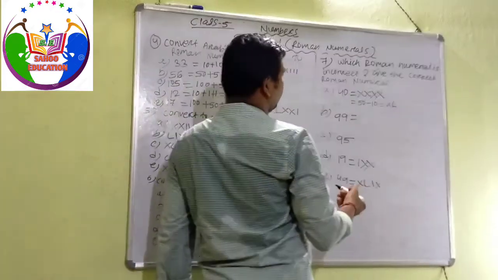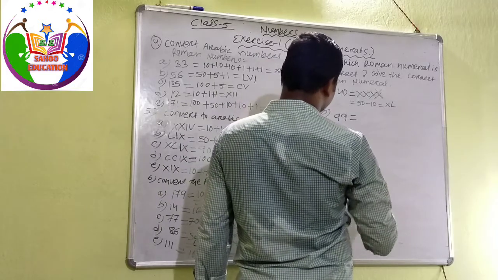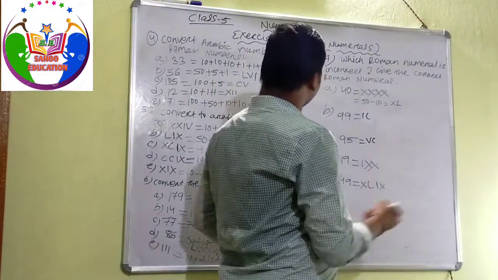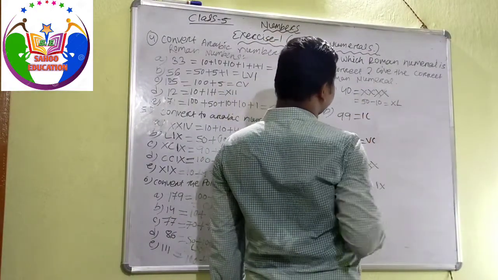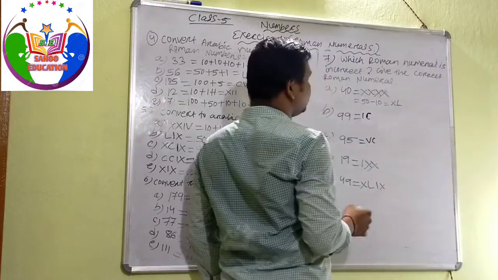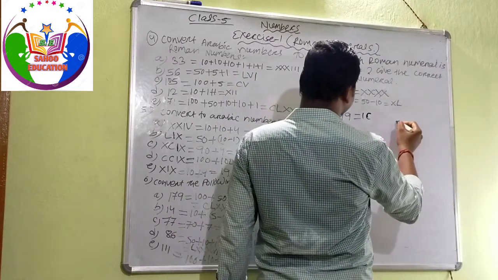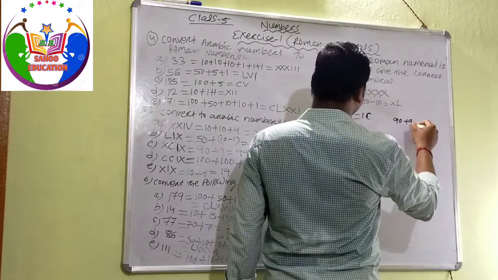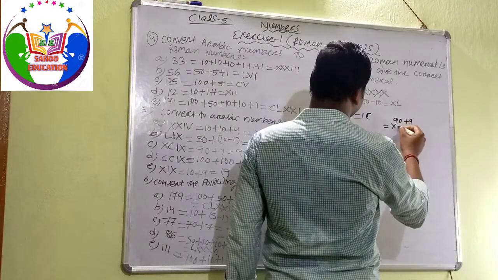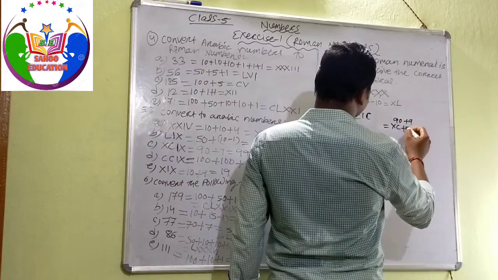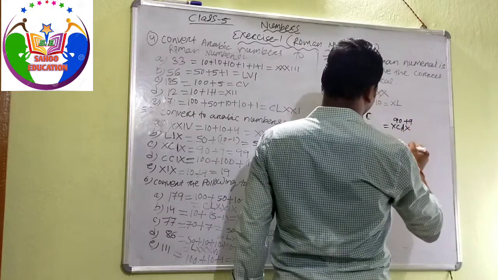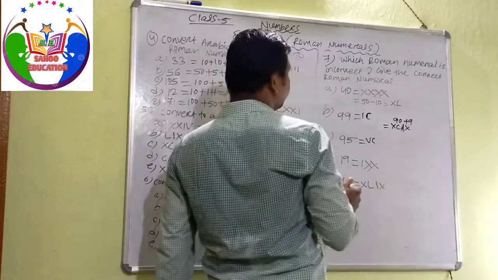Okay, now you see question number B is given. Now come to B. Here given 99 is written as IC. We see 99 can be written as 90 plus 9. You know 90 is XC plus 9 is written as IX. So XCIX is for 99.